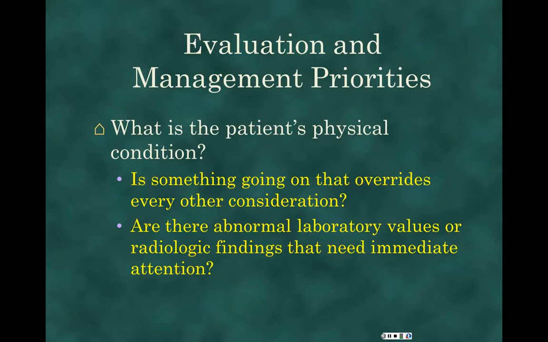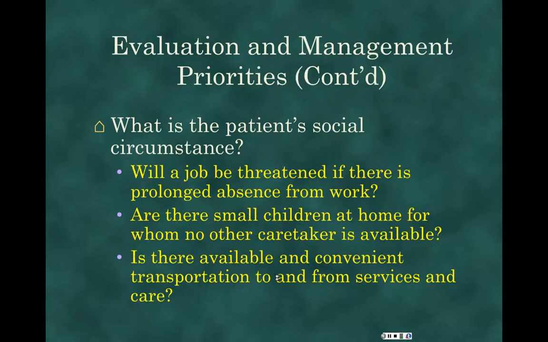You also want to evaluate the patient's physical condition. Is there something going on that overrides every other consideration? Are there abnormal lab values or radiologic findings that need immediate attention? Also consider the patient's social circumstances. Will their job be threatened if they have prolonged absence from work?